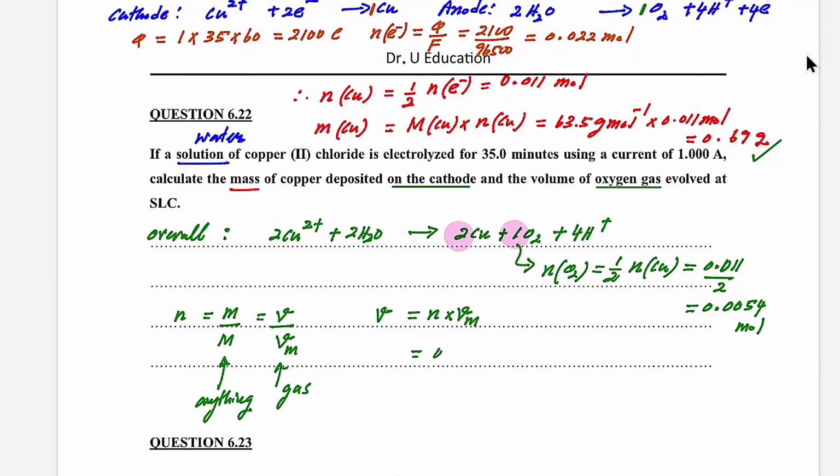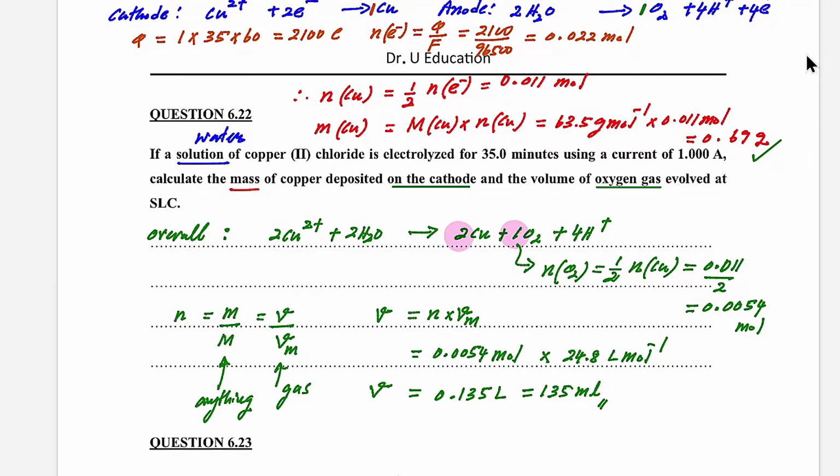So n is going to be 0.0054 mole multiplied with how much is Vm? 24.8 liters per mole. So that should be, how much is that? 0.135 liters. So that is nothing but 135 milliliters.